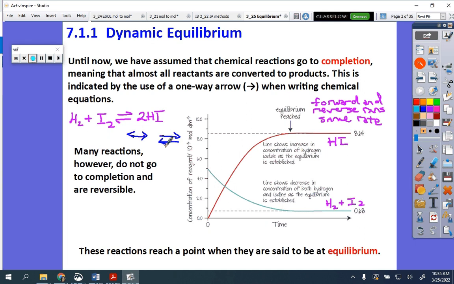It doesn't really matter as long as you have arrows pointing in both directions, but this is sort of the standard way, like a half arrow pointing forward and a half arrow pointing in reverse. This is what you'll see in a textbook. I would suggest just writing it this way, but if you wrote it like this, you would not get points taken off.